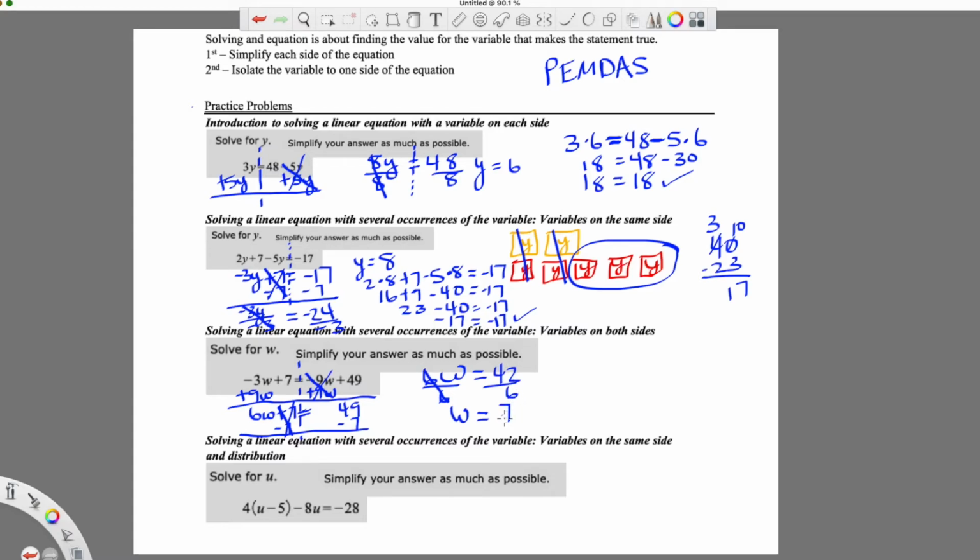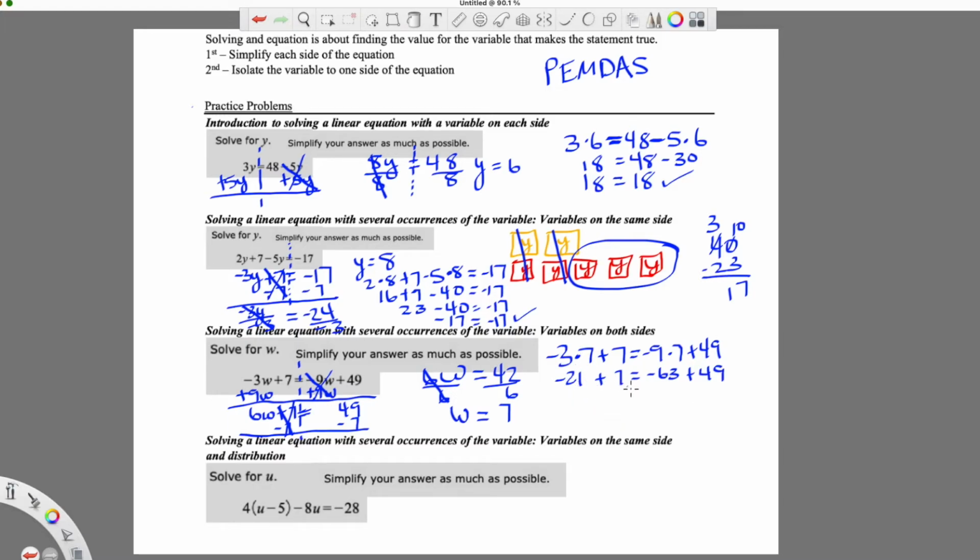All right, and I can check this, so I can go negative 3 times 7 plus 7 equals negative 9 times 7 plus 49. Negative 3 times 7 is negative 21 plus 7 equals negative 9 times 7 is negative 63 plus 49. So now I have negative 21 plus 7.